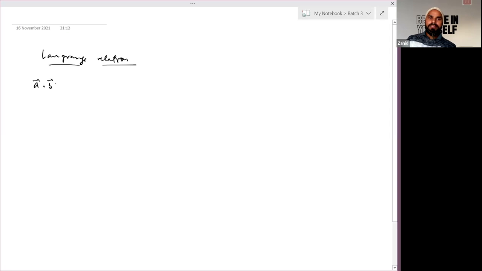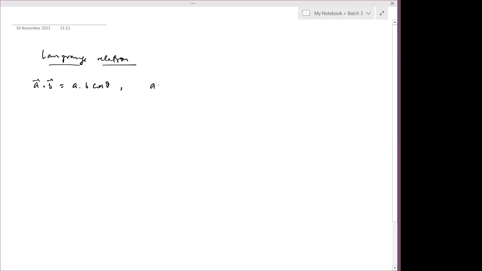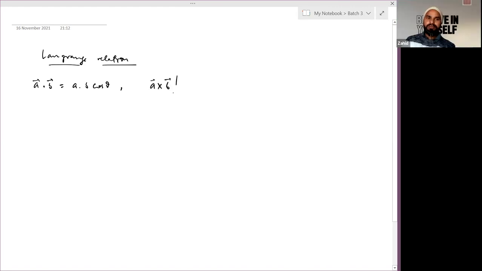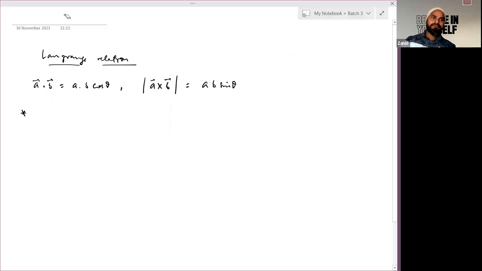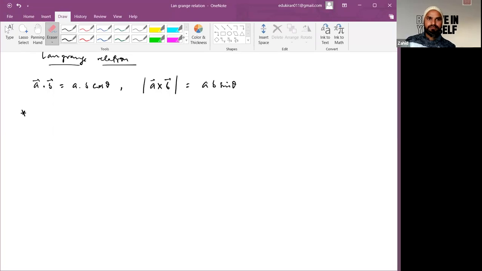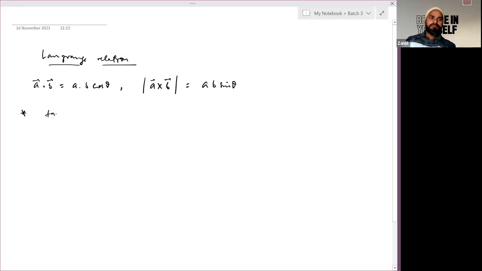A dot B equals AB cos theta, and mod of A cross B equals AB sine theta. So if you divide these two terms, you will get tan theta equals mod of A cross B divided by A dot B. This is the first relation between them.